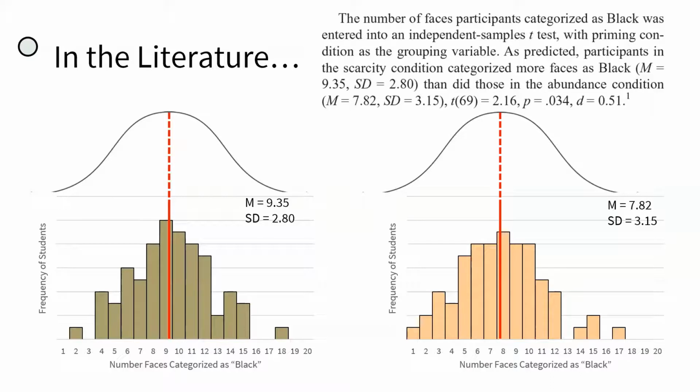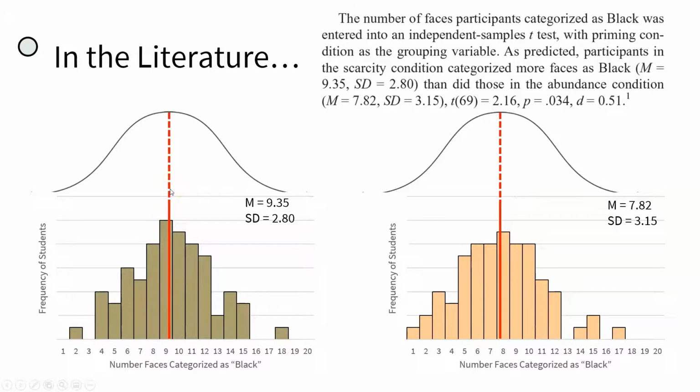We think that the populations of white people generally, when exposed to themes of scarcity or abundance, probably have mean scores, if they were asked to do the same thing and categorize biracial faces as black or white, and they had 20 of them to categorize, that they would have categorized about 9.35 and about 7.82 in the actual population, that these sample means actually reflect something about the population.